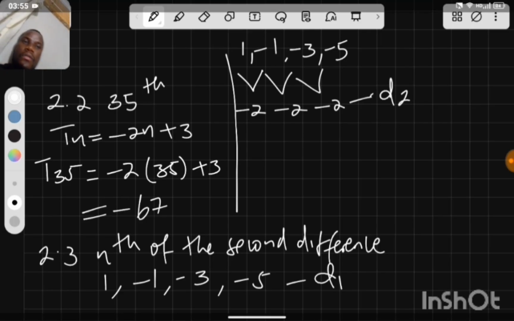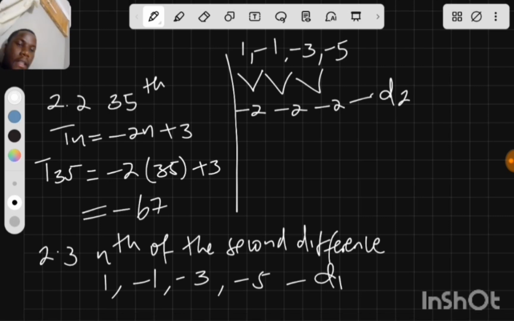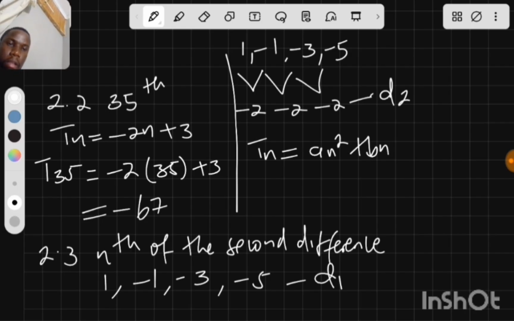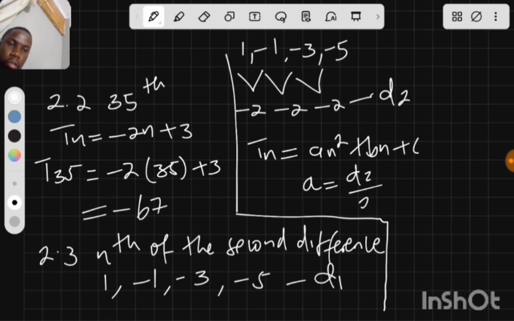The d2 and d1 of the general term of the quadratic, which is Tn, is equal to an squared plus bn plus c, where a is equal to d2 divided by 2.